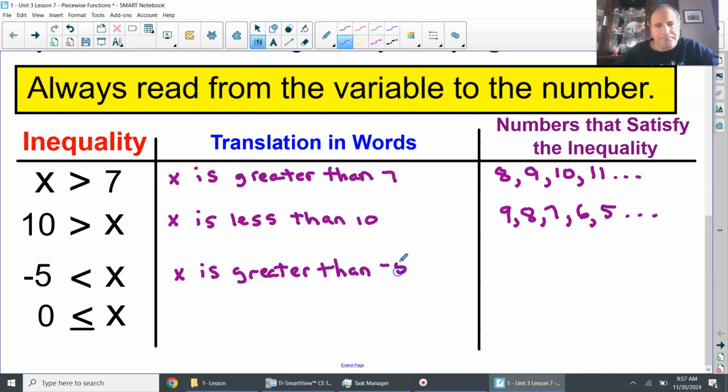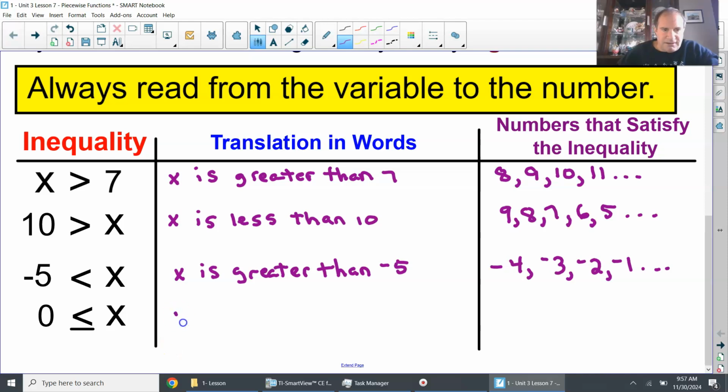So, greater than -5. We are not going to put -5 down. Again, -4 is greater than -5. -3 is greater than -5. -2 is greater than -5. -1, and then dot, dot, dot.